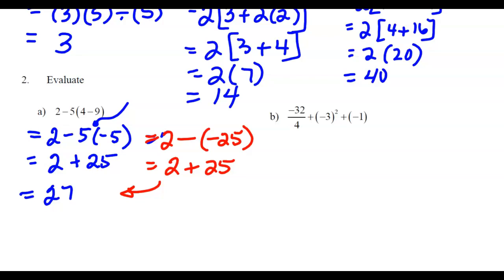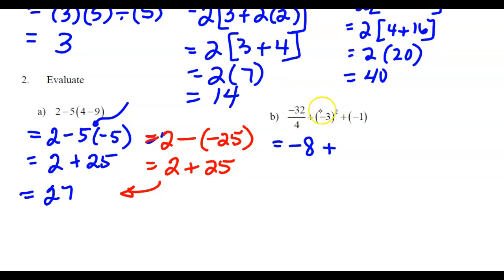Okay, so next one, a negative divided by positive, remember, is a negative. 32 divided by 4, it goes in evenly. That's 8. So negative 8 plus, notice with that power on a negative, that means negative 3 times negative 3.